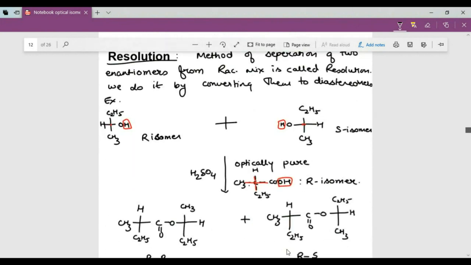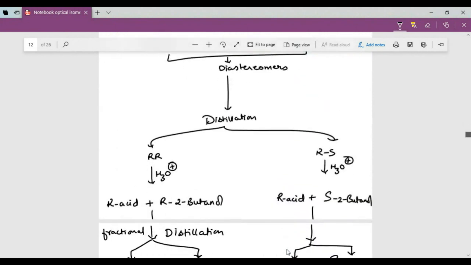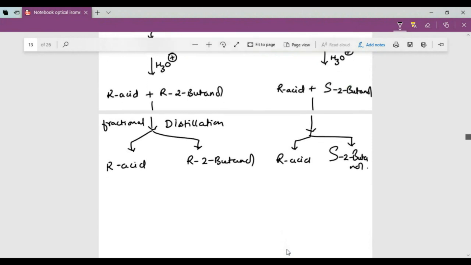So yes, it took a very long method. It was not that you just put the mixture in a distillation or crystallization compartment and get the result. No, you need to first convert them to diastereomers, and then you have to do such a long method.